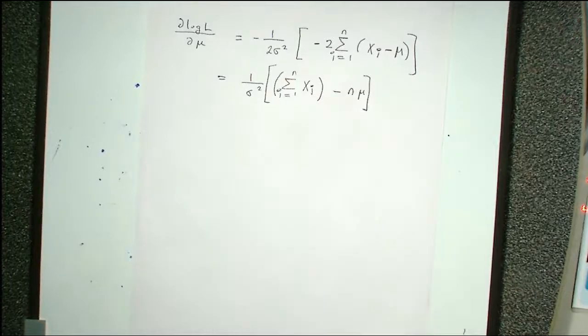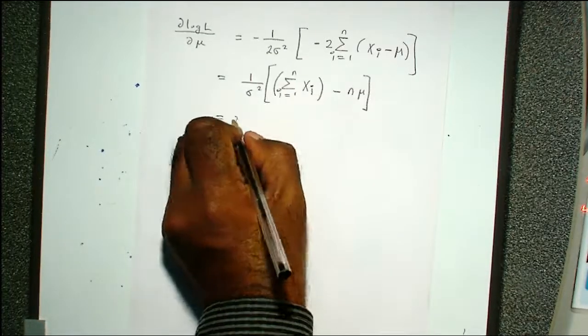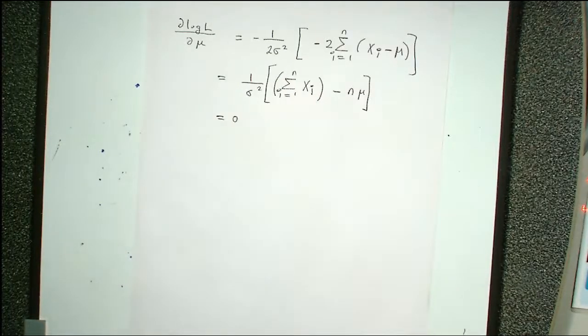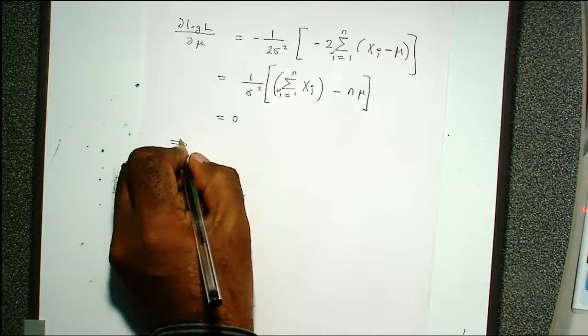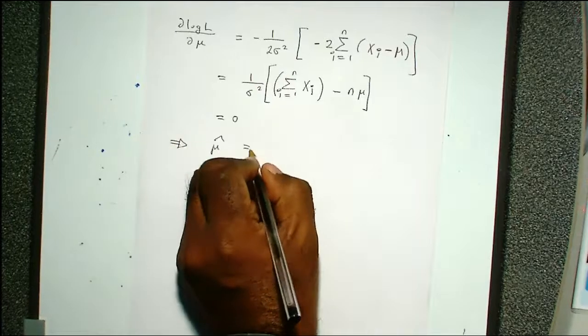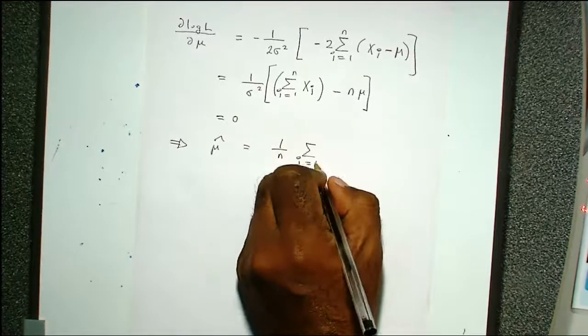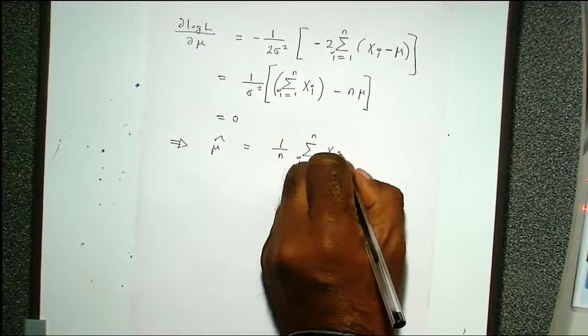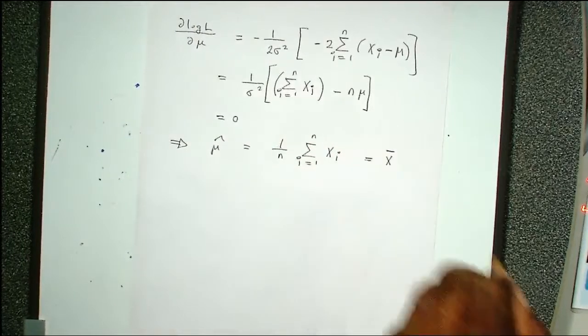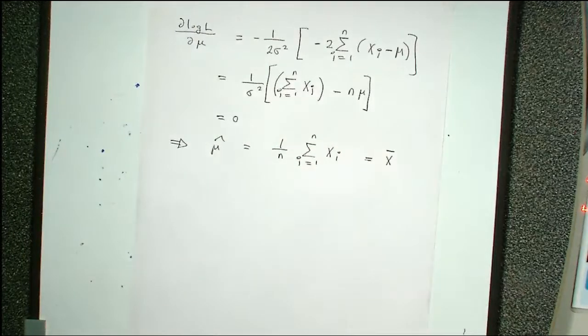If you set this to 0 and solve for mu, you will get mu hat equal to this, which is the sample mean, of course. So the MLE for mu is the sample mean.